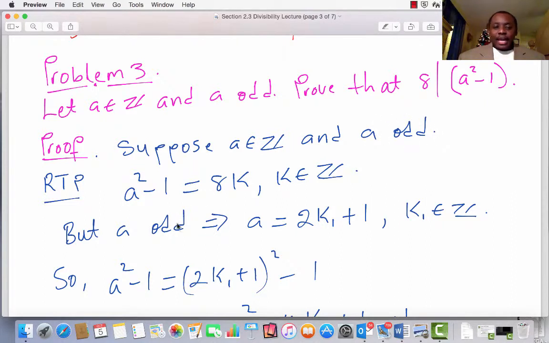So A odd implies that there exists an integer k1 such that A equals 2k1 plus 1. All I have to do is plug in 2k1 plus 1 in the place of A, square it, subtract 1, and figure out how I can write my result as 8 times some integer k.